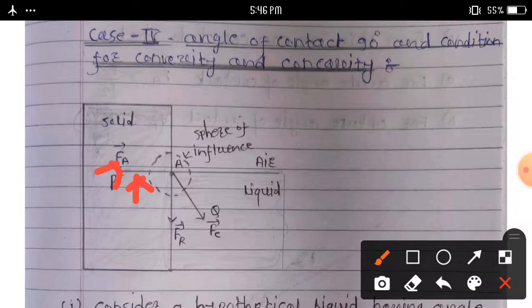The net cohesive force F suffix C is exerted at nearly 45 degrees to either surface, by the molecules of the liquid. The net cohesive force F suffix C is exactly at 45 degrees to either surface, and the resultant force F suffix R is exactly vertical along the solid surface.